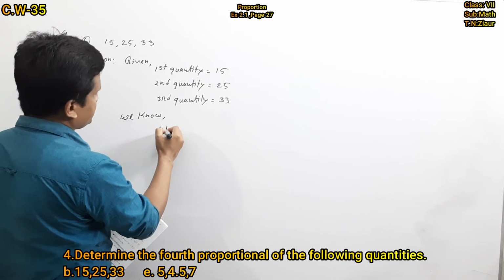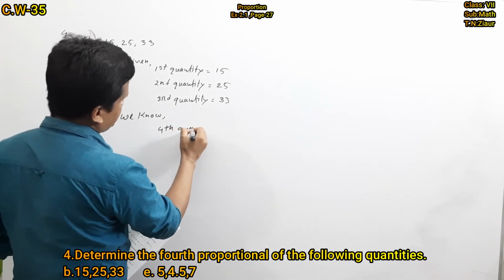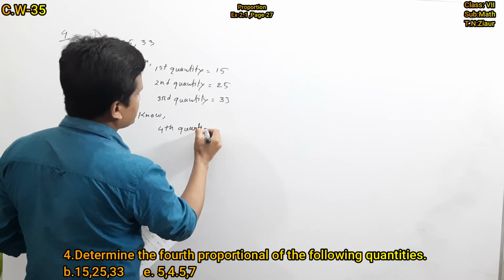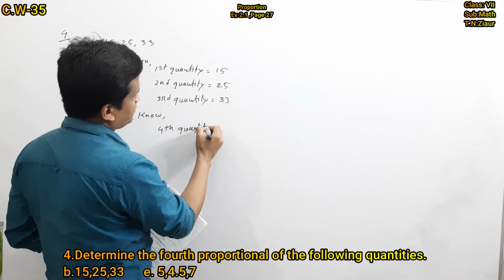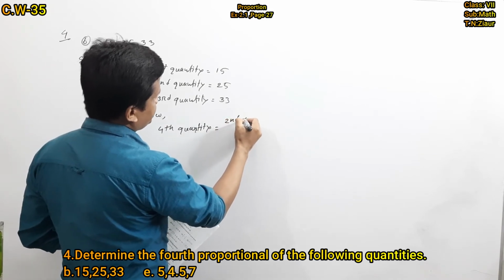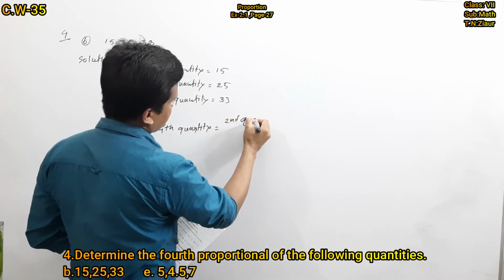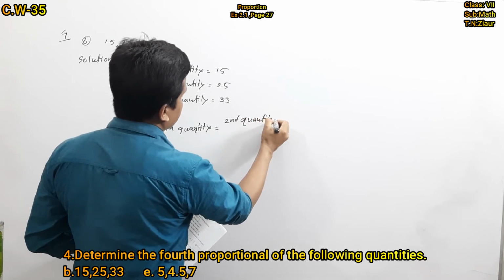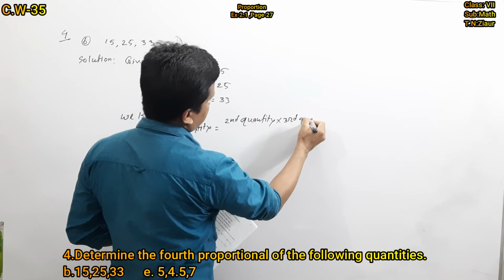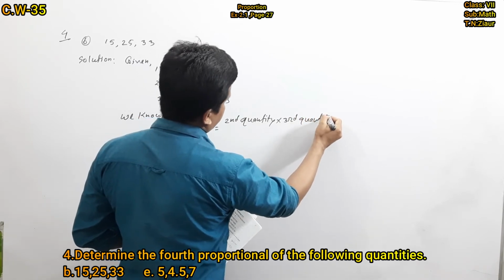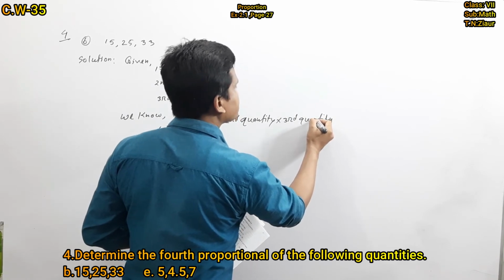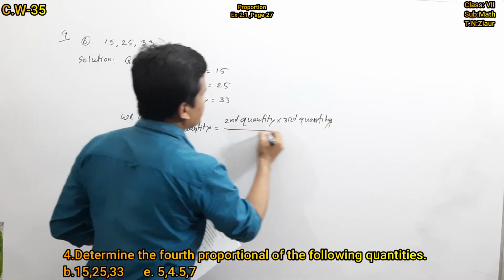So fourth quantity is equal to second quantity into third quantity, divided by first quantity.